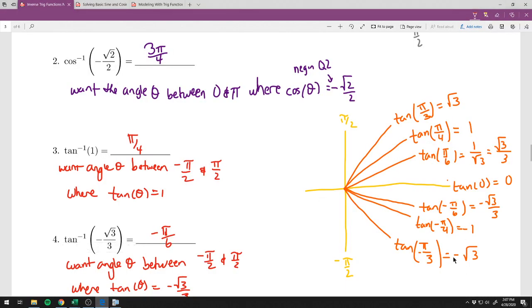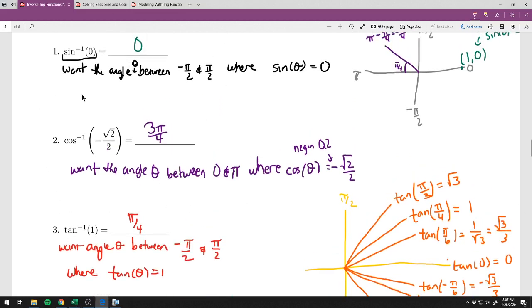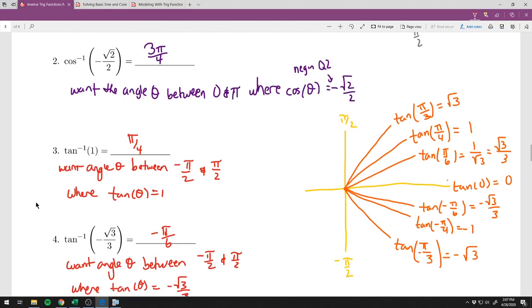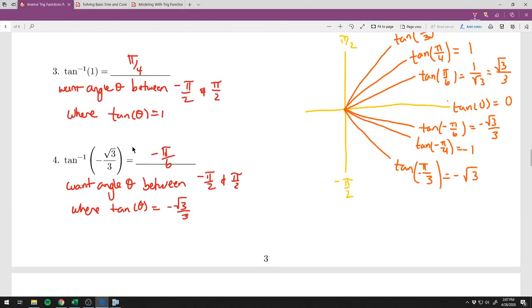So I would definitely encourage you, even with sine and cosine, to think about the angles and what they can be as well to help you out with these, but especially tangent. We didn't deal with tangent as much. If you remember the reference angle thing, it helps a lot. Reference angle, when it's pi over 6, pi over 4, and pi over 3, we get these values for tangent. The difference in quadrants changes the signs between positive and negative.